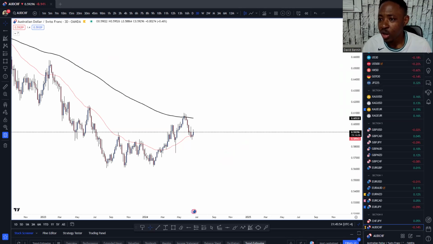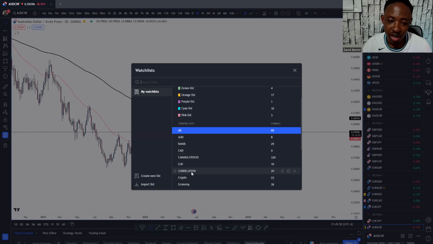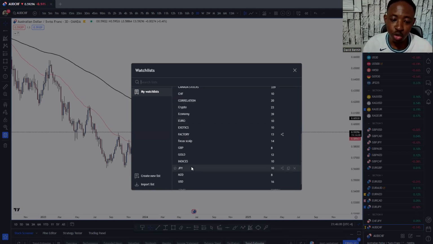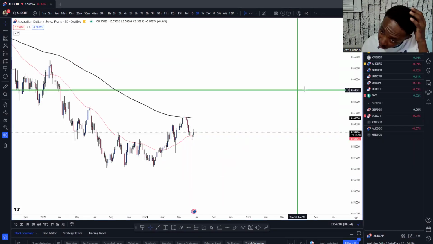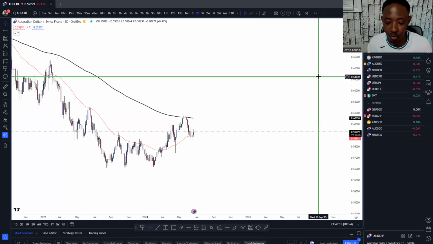So what do I mean by a basket of currencies? A basket of currencies means you trade a currency, for instance the USD. If you want to trade the USD, then you are interested in all these USD pairs: EURUSD, GBPUSD, AUDUSD, NZDUSD, USDCAD, USDJPY, and USDCHF.